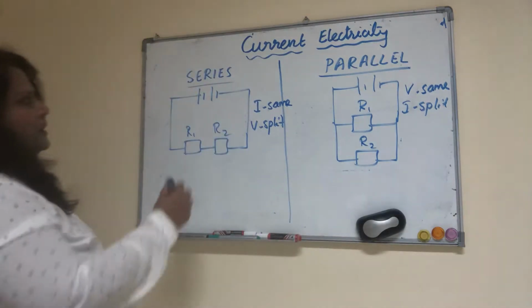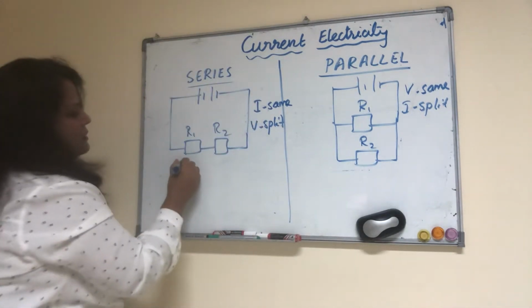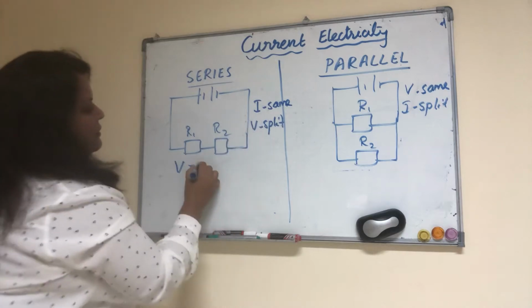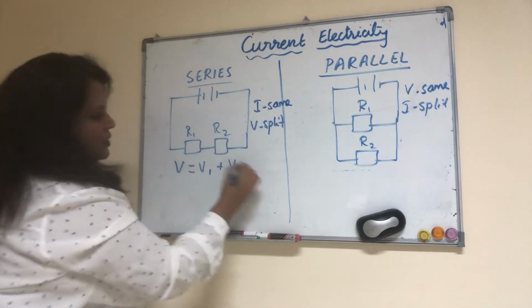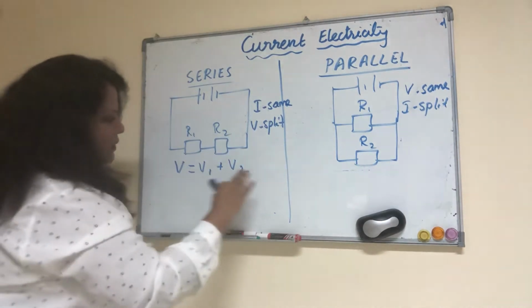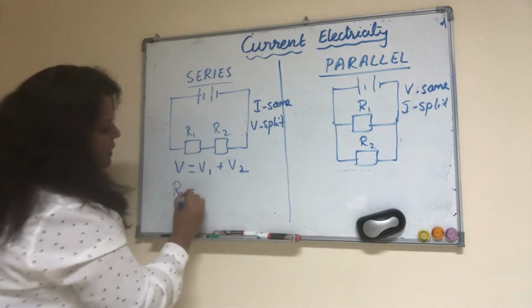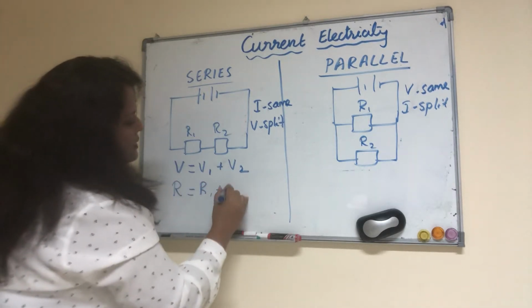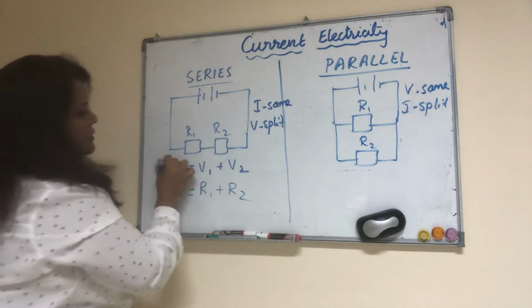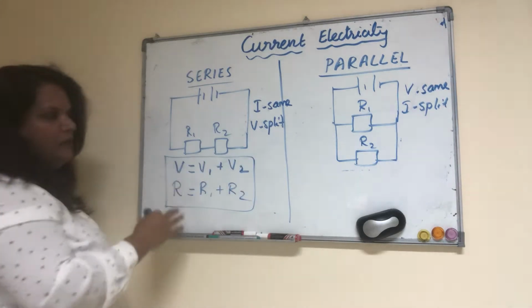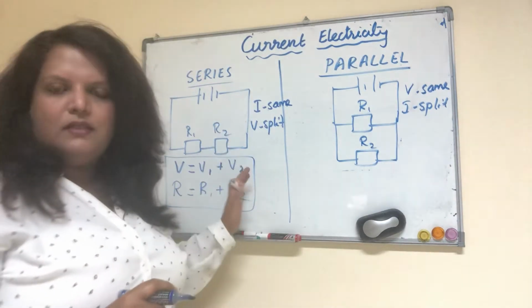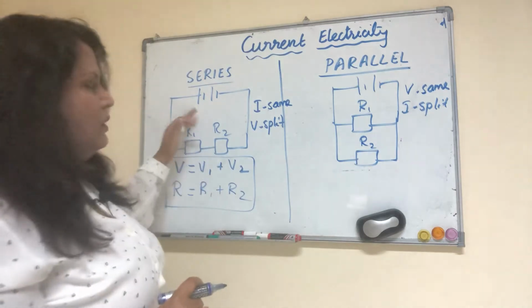Now the formula. Since V is split, V will be equal to V1 plus V2. If you remember this formula, then immediately you can remember R will be equal to R1 plus R2. So these two are important for solving questions, and you need to remember these two for series.